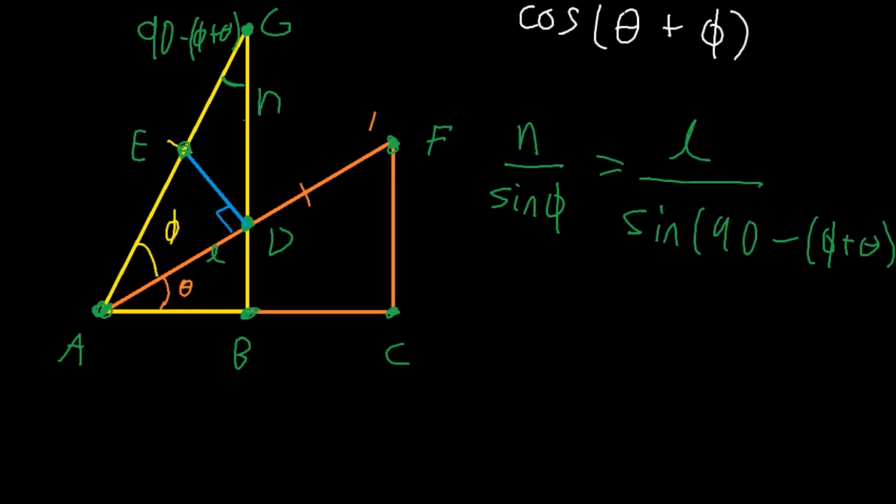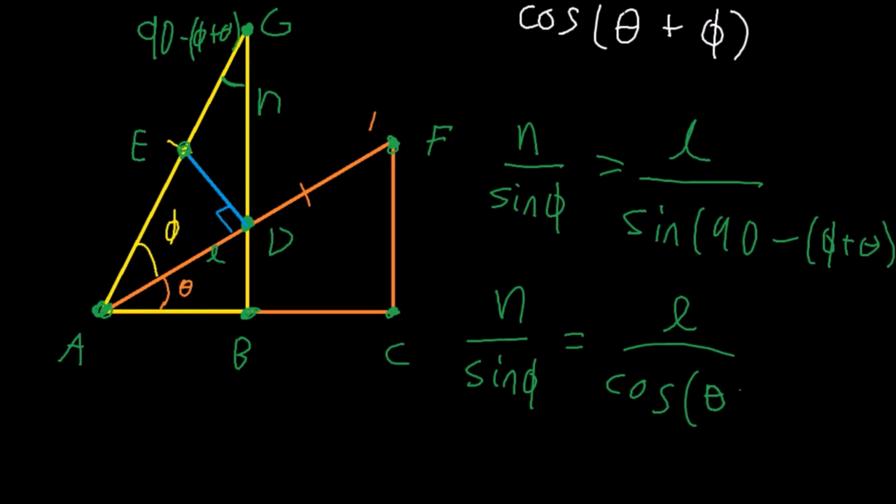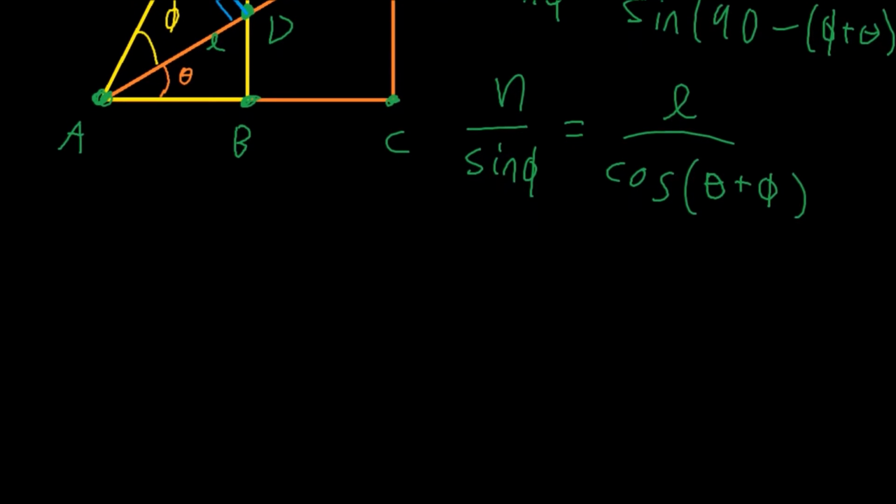Well, that's really saying the cosine, if you remember from the video we did last time, where 90 minus the angle is just flipping the opposite and adjacent. So really, what we're trying to say here is that N over sine phi equals L over cosine of theta plus phi.